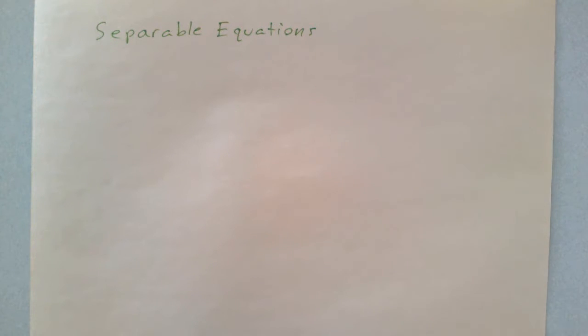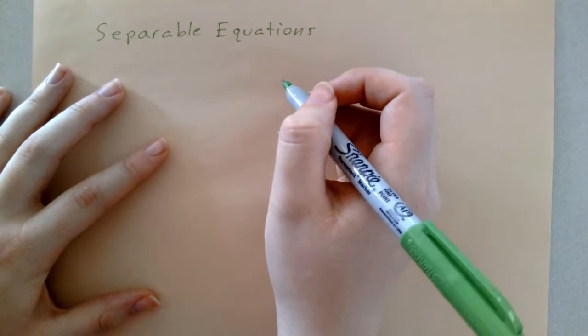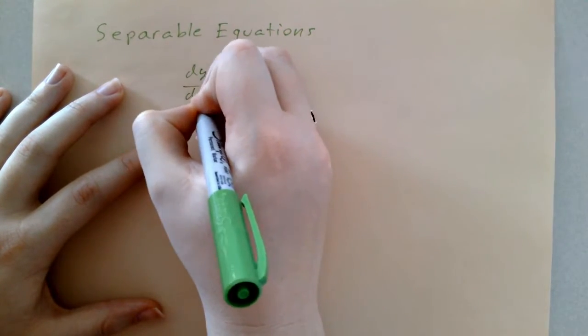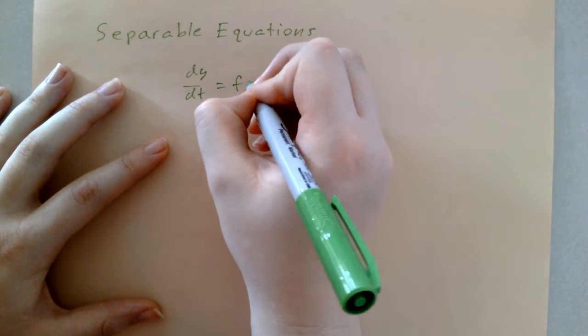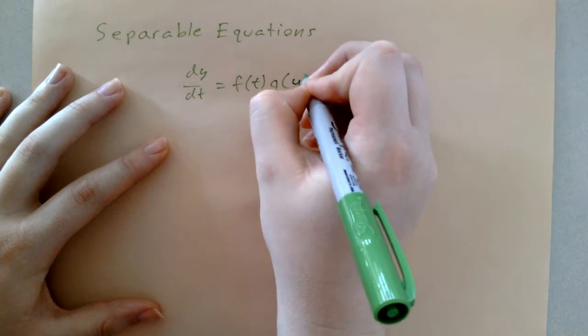The easiest types of ODEs to solve are separable equations. And the reason that these equations are so easy to solve compared to other differential equations is because all you really need to do to solve them is to integrate. A separable equation is anything that's in the form dy/dt is equal to some function of t times some other function of y.